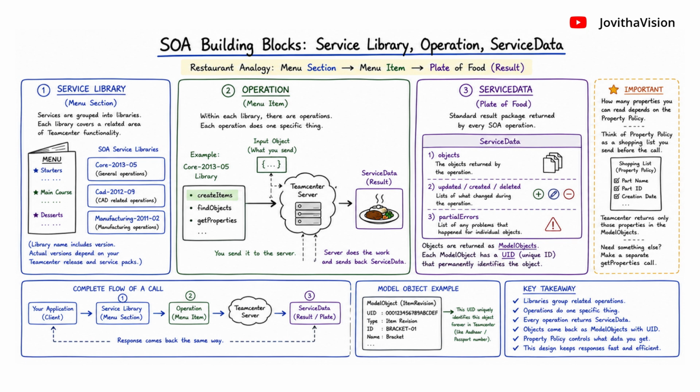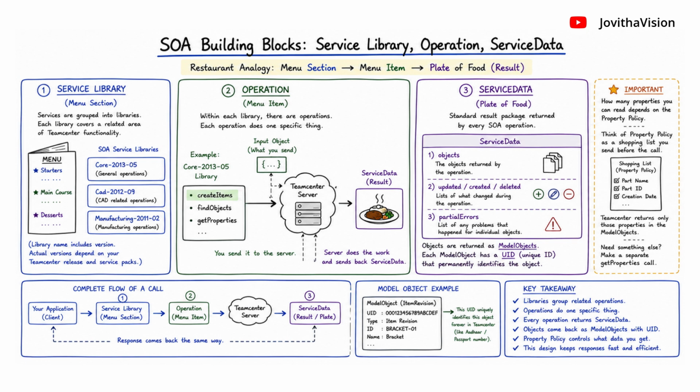There are three things you need to understand: service library, operation, and service data. Let's use our restaurant analogy again to make this clear. Service library. Think of this as a section of the menu. A restaurant menu is divided into sections: starters, main course, desserts.